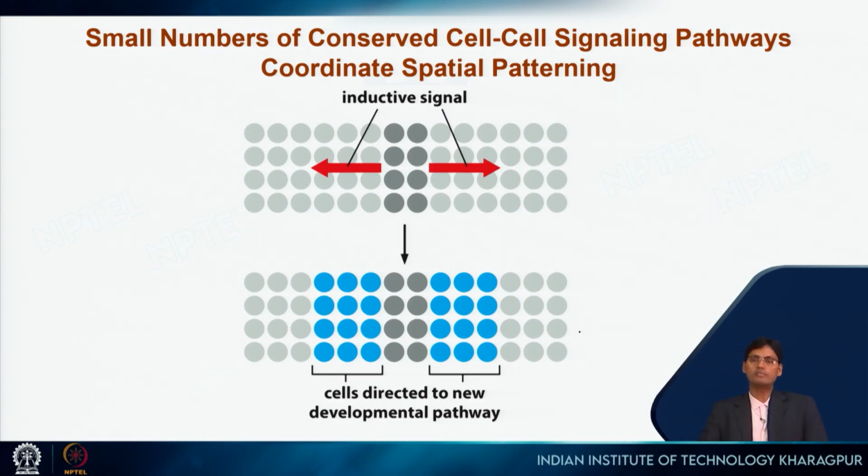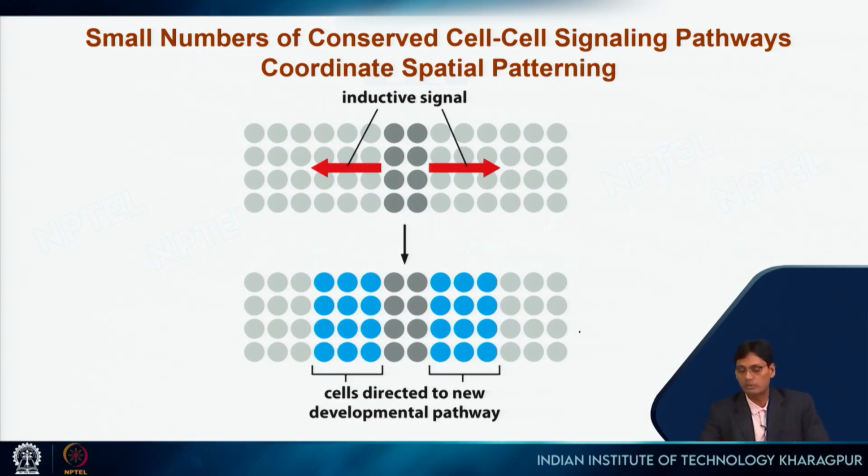And apart from that, I would also like to mention that a small number of conserved cell signaling pathways coordinate some kind of patterning in our body. This is very important. Although we are very different, for example, one Drosophila, one worm, or I would say one bird, human, we look very much different, but we have a few conserved cell signaling pathways.